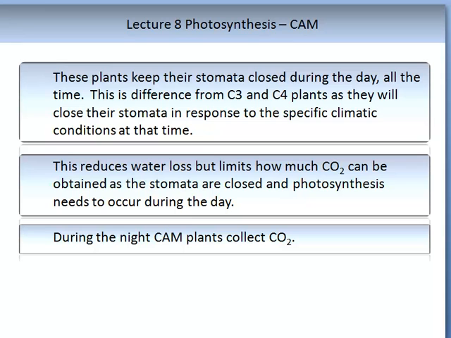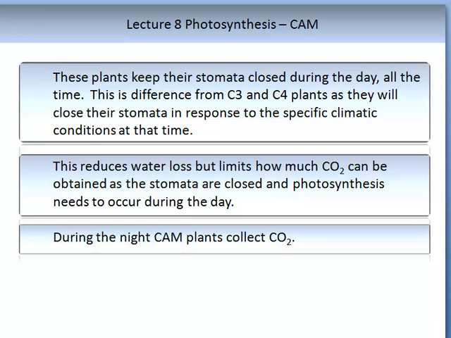So how do the CAM plants do it? Well, it's quite simple really. If you lose water through stomata during the day, why not close them? And in fact, that's exactly what the CAM plants do. This is the difference between the C3 and the C4 plants, as they will not close their stomata, and only close their stomata in specific climate conditions, while CAM plants close their stomata all of the time.